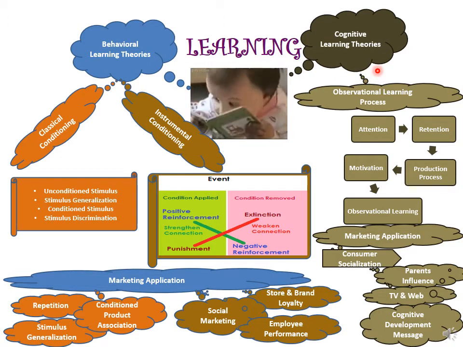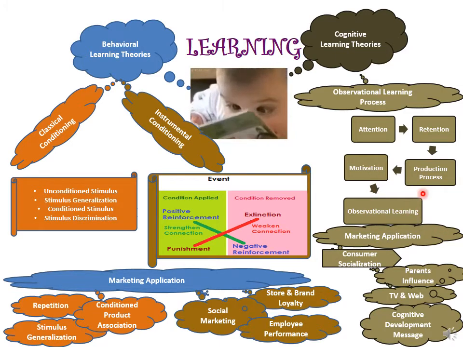One of the most important things in cognitive learning is observational learning theory, which occurs when we watch the actions of others and note the results they receive for their behaviors. This process involves attention, retention, production process, motivation, and then observational learning.